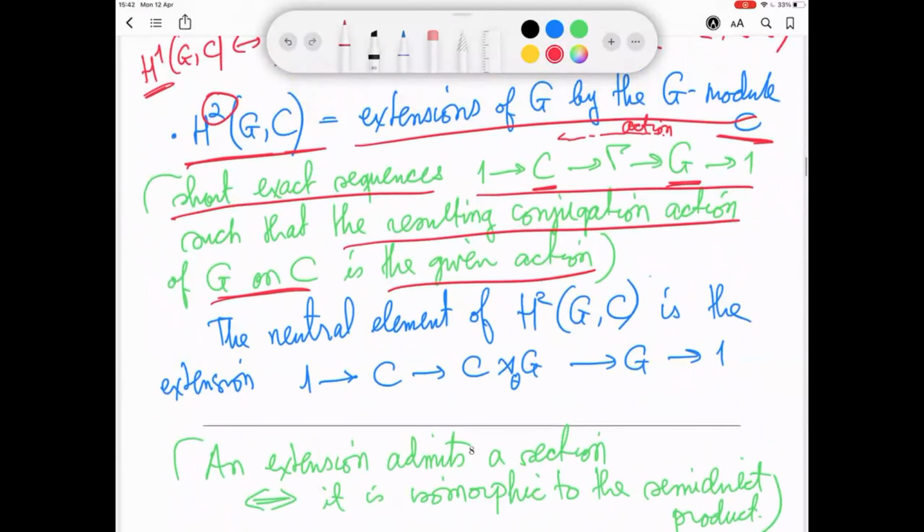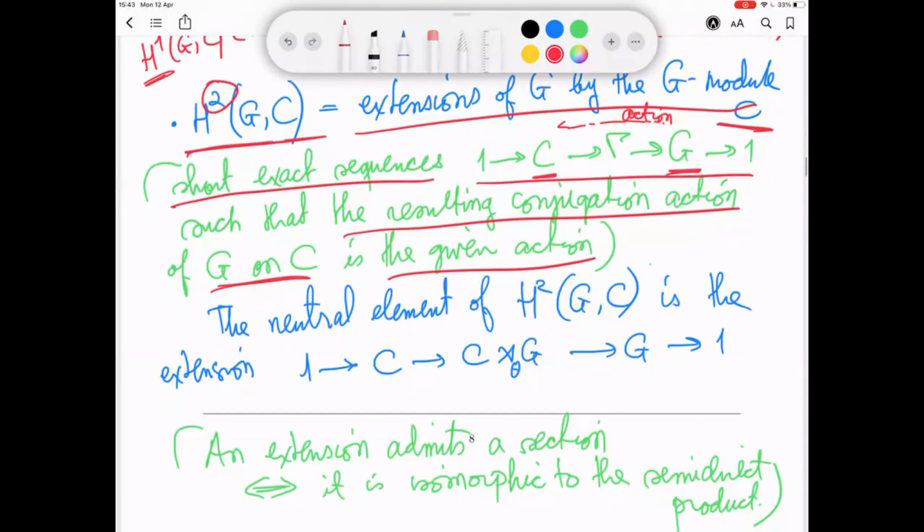That's what H^2 classifies. So in order to talk about H^2(G, C), you have to give an action of G on C. Once you have an action of G on C, you can talk about all short exact sequences. These are also called extensions of G by the G-module C.